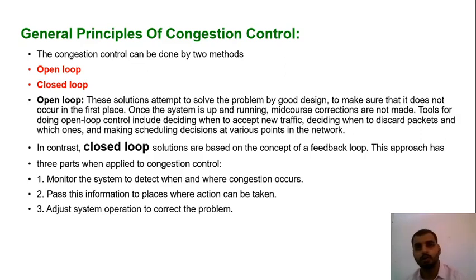Whereas in closed loop, it will delete the additional packets which are coming into the network so that it may not cause congestion. This is what you call the principles of congestion control algorithm.